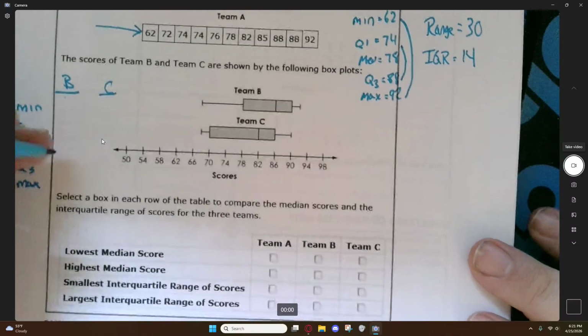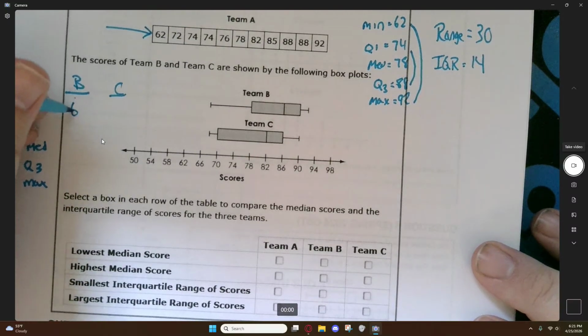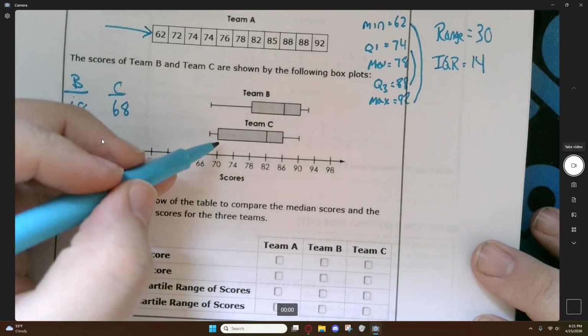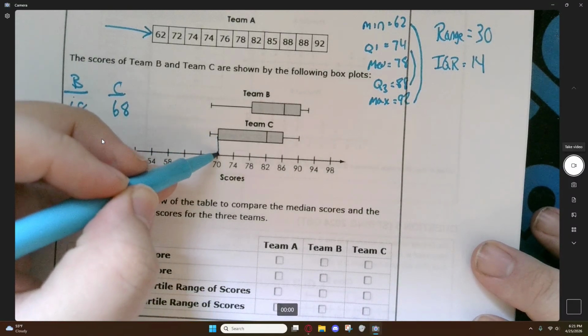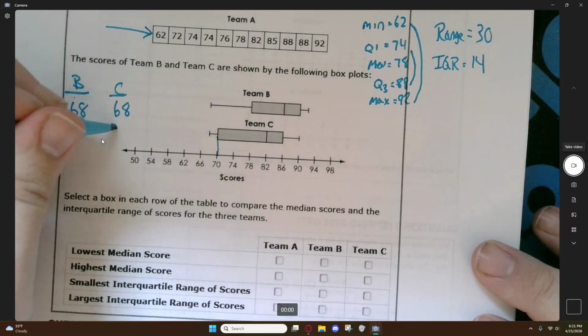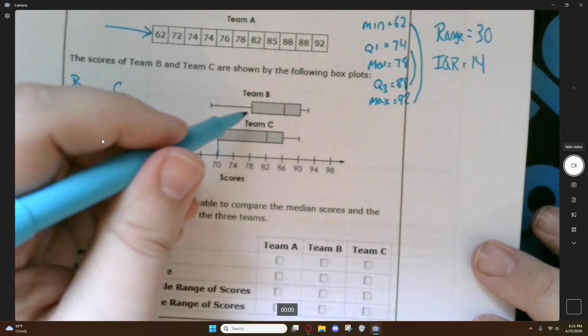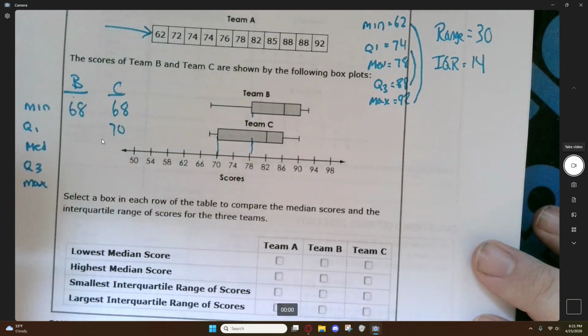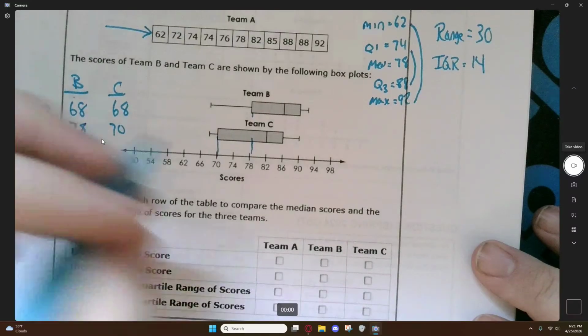And a reasonably estimated 68, C's would be in the same spot. Team C's Q1 would be at 70. Team B's Q1 would be at 78. I'm going to say 78.